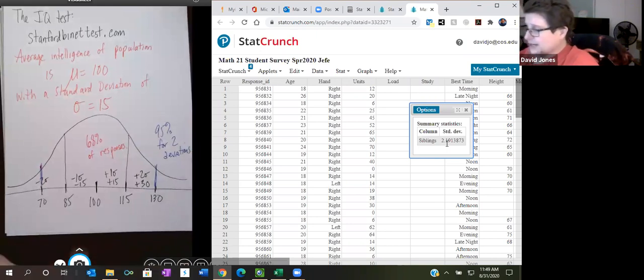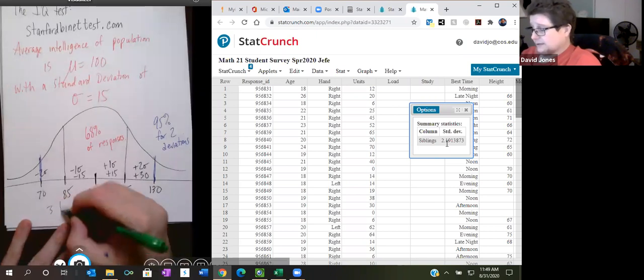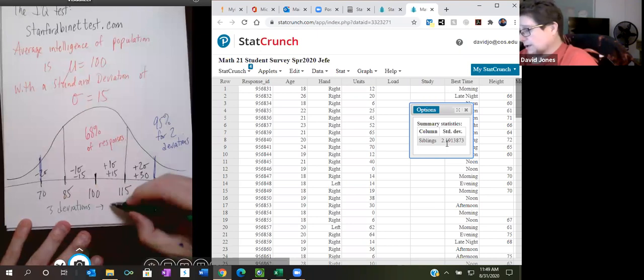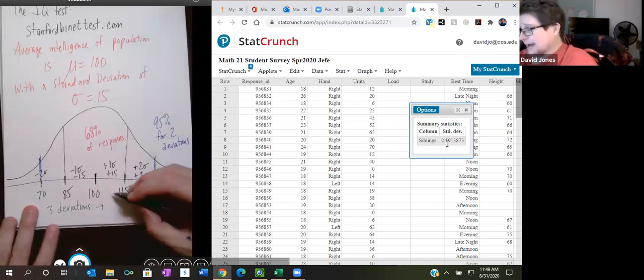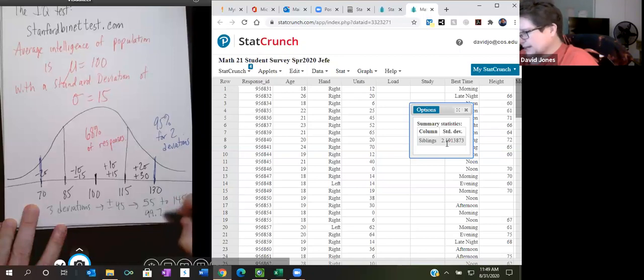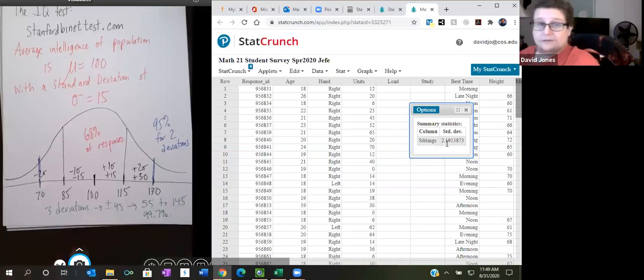And 3 deviations, plus or minus 45, gives us the values from 55 to 145. 99.7% of values or people are in this range.